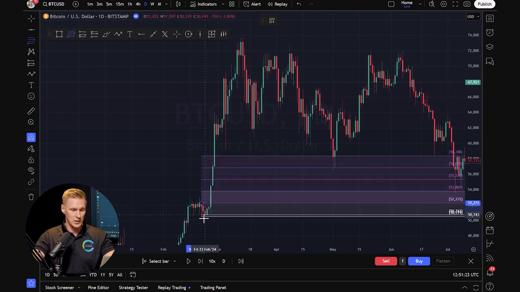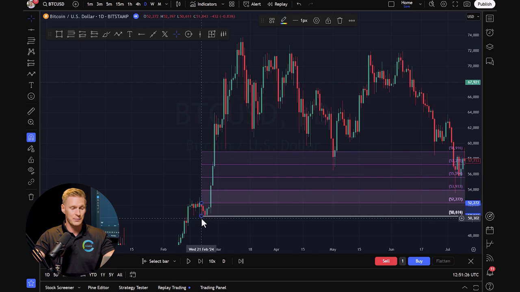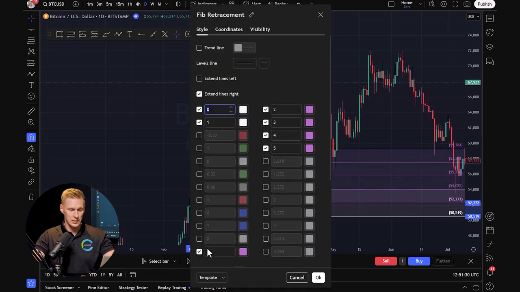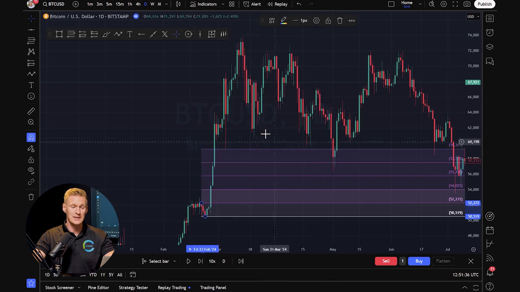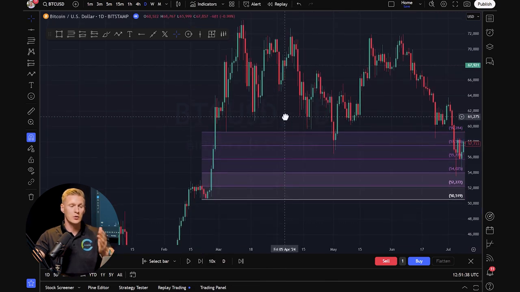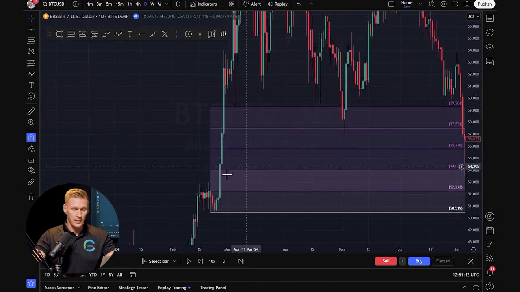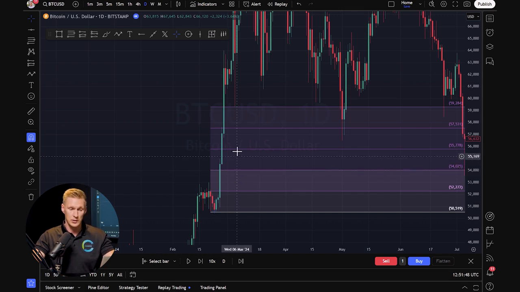We add this from the proximal to the distal line, and I already prepared the numbers here. You can see that's 1, 2, 3, 4, and 5. This represents our risk to reward ratio, meaning this one here is 1, a risk to reward ratio of 1 to 1, 2 to 1, 3 to 1, 4 to 1.